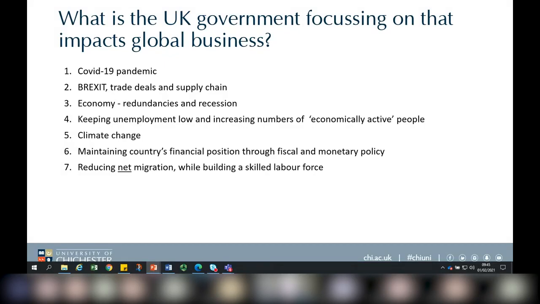Domestic workers don't want to do agricultural jobs, but a lot of Eastern European migrant workers would want to do that, and they are particularly skilled in that area. So the government wants to reduce the number of migrant workers, but still bring in skilled migrant workers where needed. With Brexit, this opens up opportunities for us to source skilled migrant workers, not just from Europe, but from other countries.